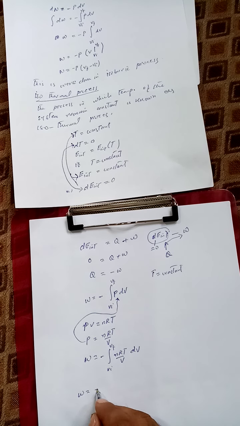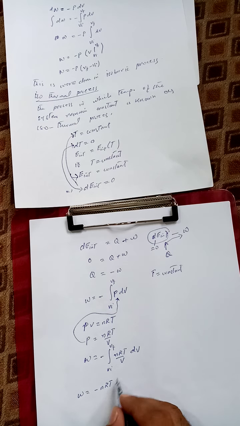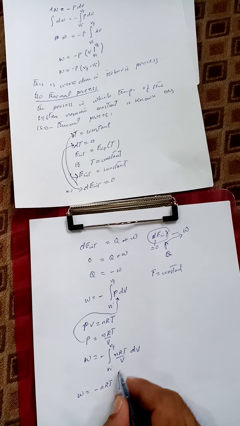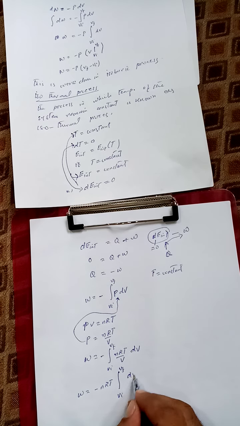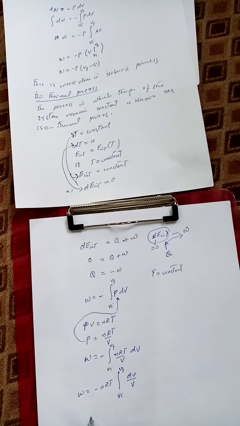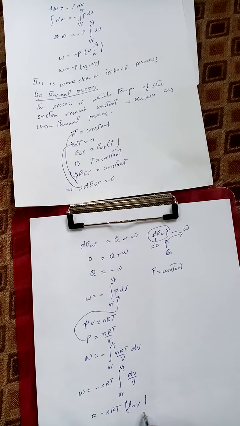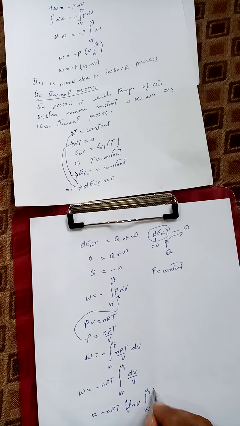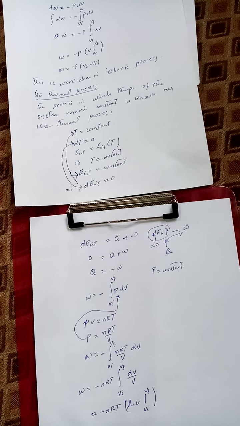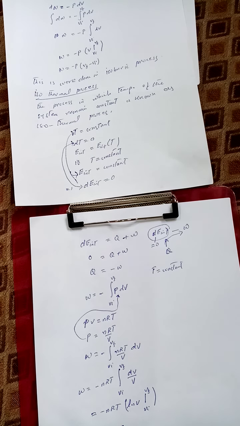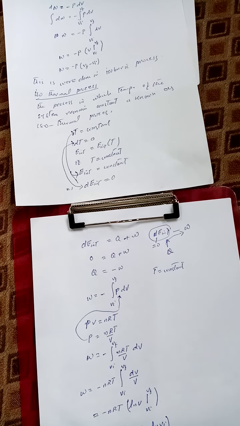Now nRT is constant, so we can bring it outside of the integral. So the work done is minus nRT, because temperature is constant, R is constant, n is constant. So we have the integral from initial volume to final volume of dV over V. From this integral we get minus nRT ln V, with limits from Vi to Vf. We get minus nRT times (ln Vf minus ln Vi).